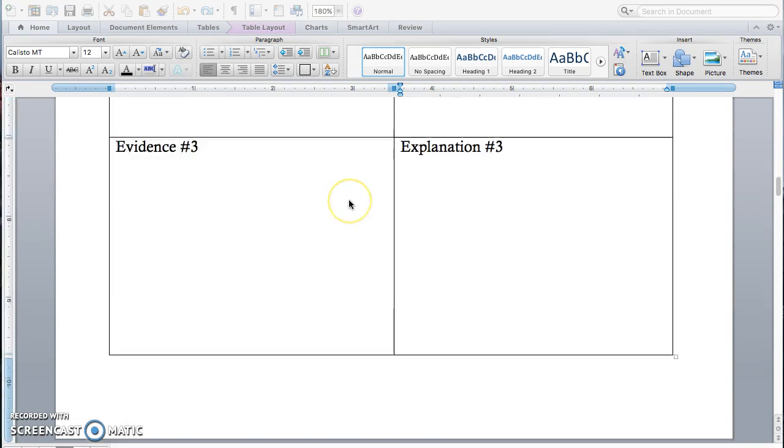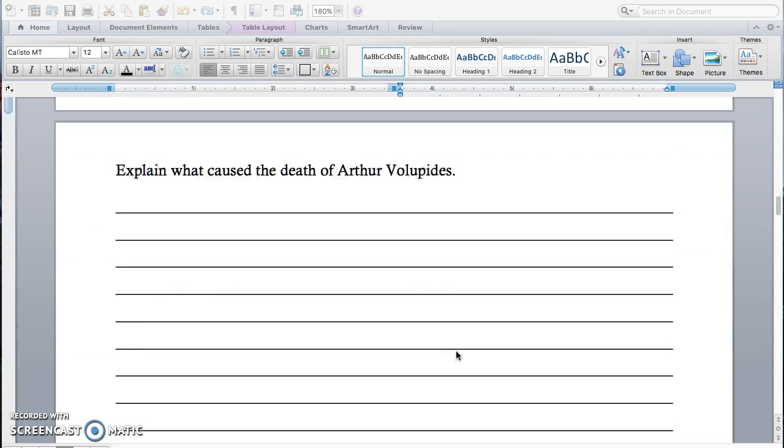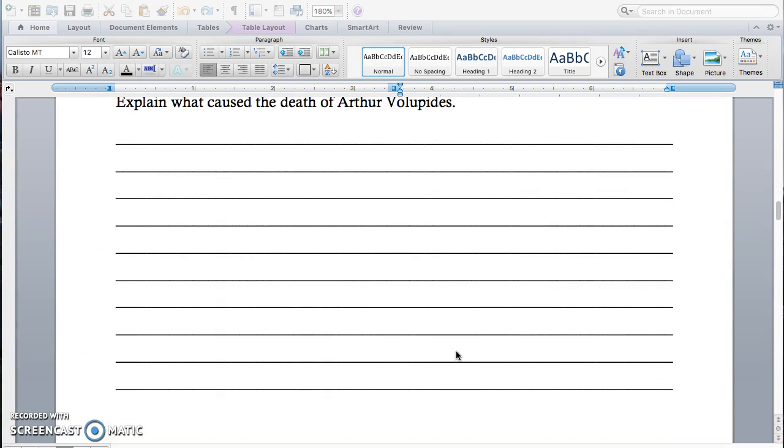After you and your partner have come up with sufficient evidence and explanations for each piece of evidence, you are then going to be writing a response explaining what happened the night of Arthur Volupides' death. You're going to be putting all the pieces of the puzzle together to explain what happened that night.